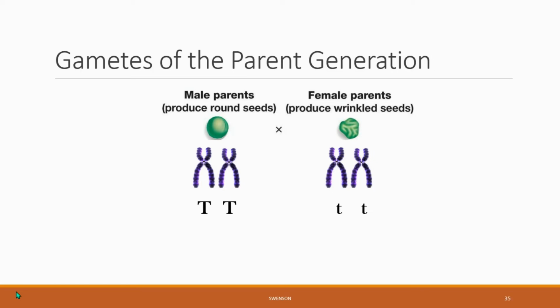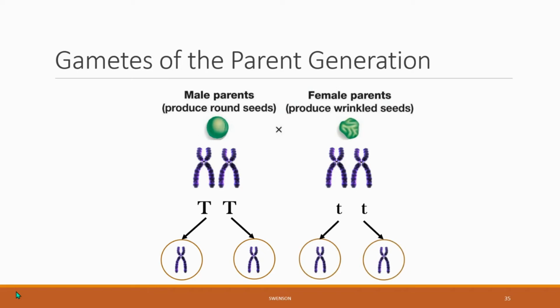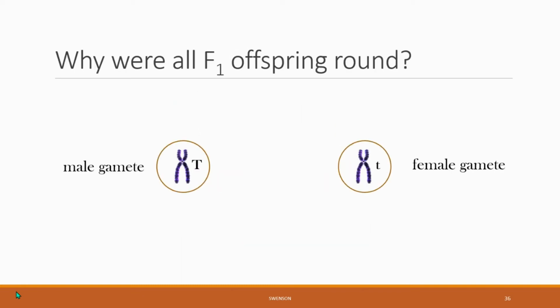Let's examine the gametes of these homozygous parents, and this will help us assess the F1 generation. So if we take these gametes from the round seeds and the wrinkled seeds, which means that instead of having two copies of the one pair of homologous chromosomes, now they just have a single because they're haploid, recall.